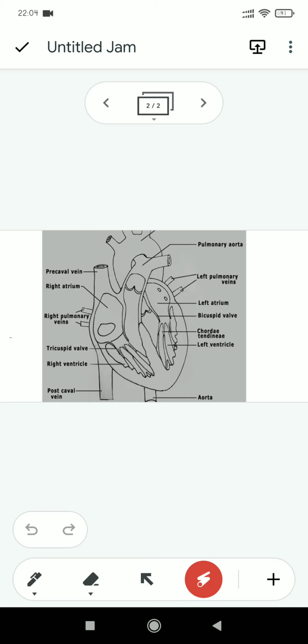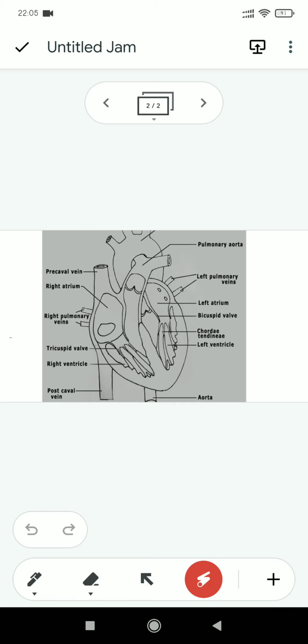It's far away from the whole body, so it needs more pressure than the right ventricle does. So this has a thinner membrane and this has a thicker membrane, so that the left ventricle can contract more than the right ventricle. The oxygenated blood enters into the aorta and the aorta transfers the blood to our whole body.